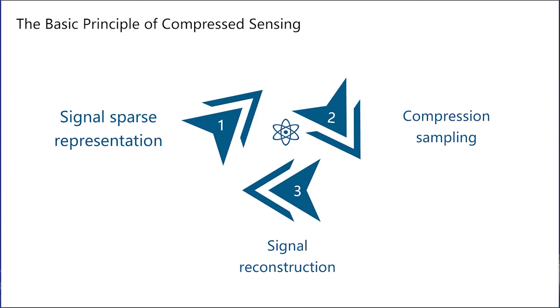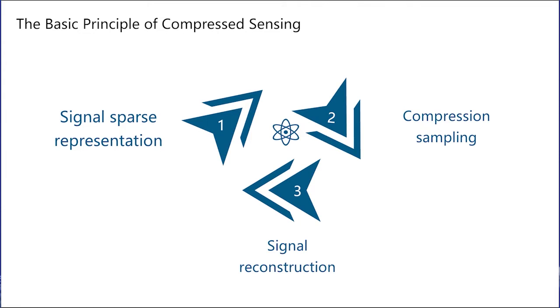The basic idea of compressed sensing is that any sparse or compressible signal can be projected from high-dimensional space into low-dimensional space via linear measurement processing, and then the original signal can be reconstructed by solving an optimization problem.